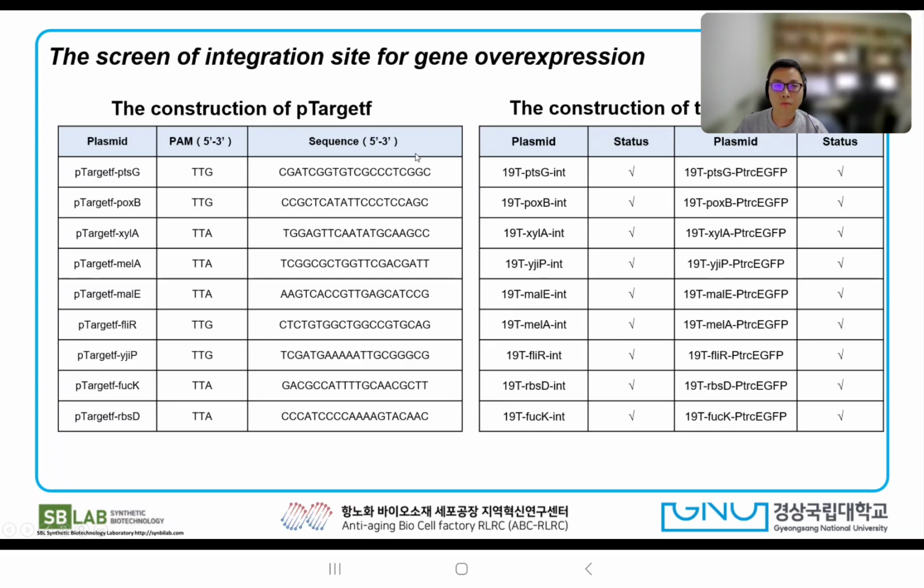The first step is to screen some integration sites for gene overexpression. So we want to use EGFP as an indicator to evaluate the expression level of this site. So we constructed this p-target F plasmid and the template plasmid.